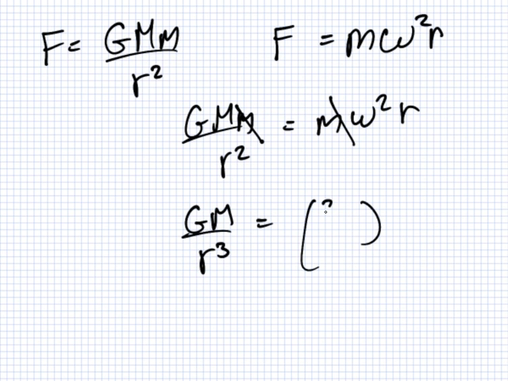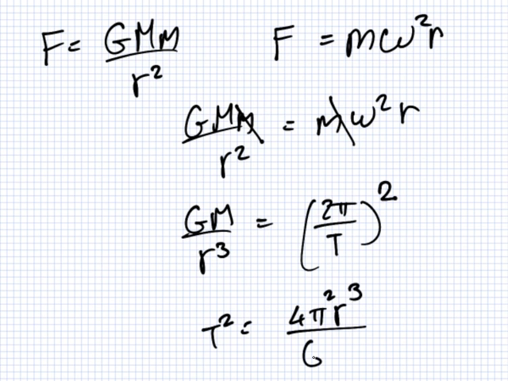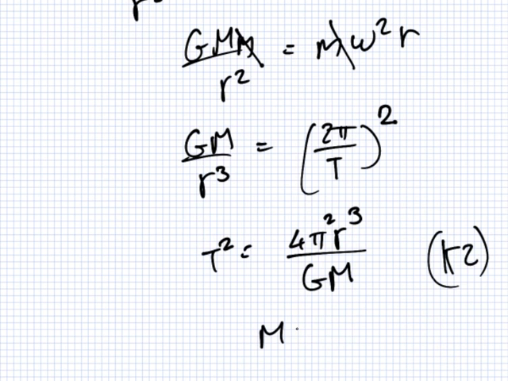But omega is 2 pi over T, so you get T squared equals 4 pi squared R cubed over GM. And this is Kepler's law. We need the M, so we should rewrite this as M equals 4 pi squared R cubed over G T squared.